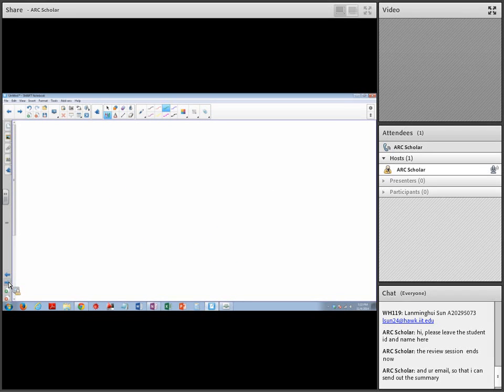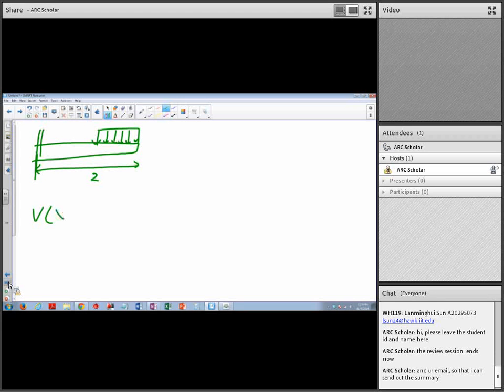So the next thing you will need to do is look for AY, CY, and FA. Let me give an example of a bar that looks like this. This is 2 meters.